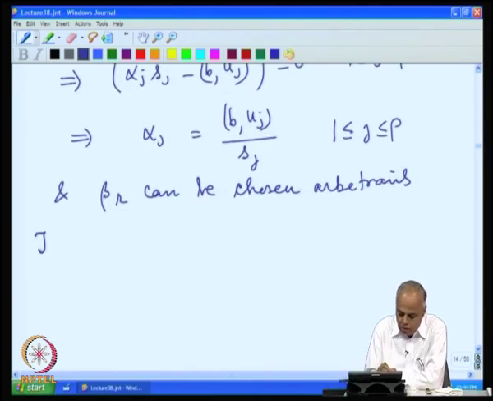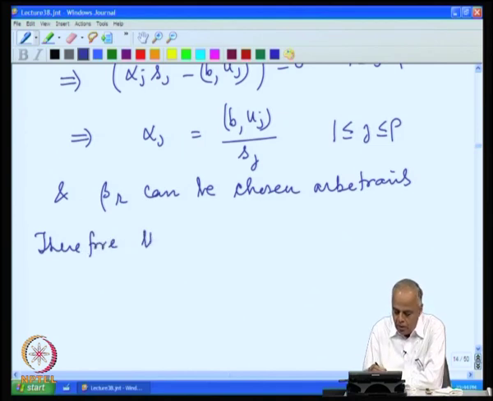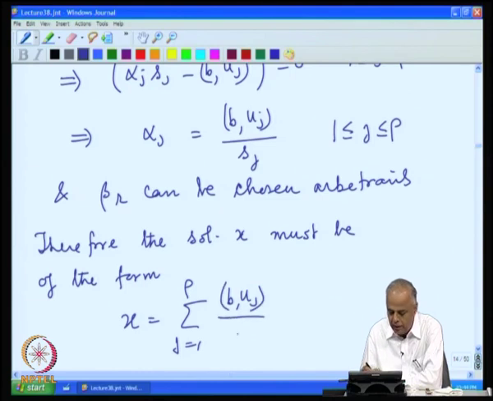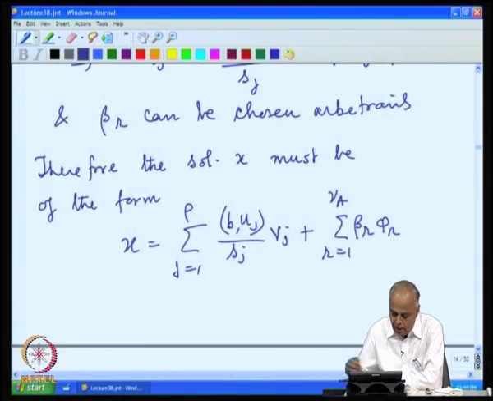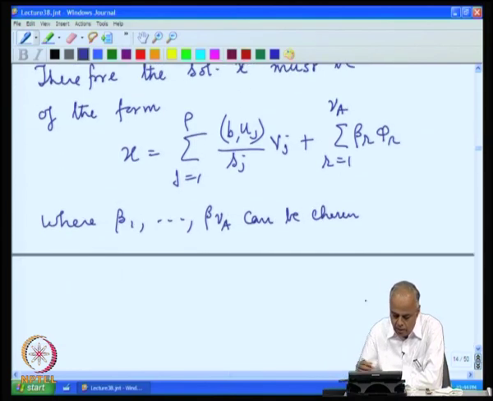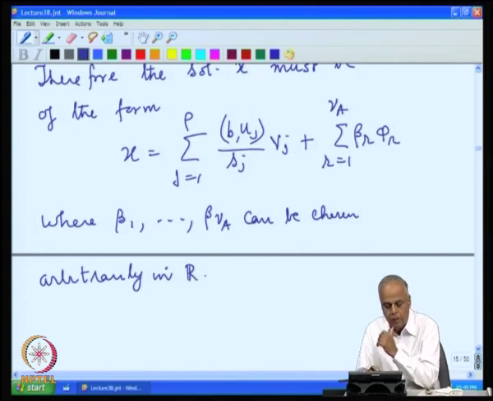Therefore, the solution x we are looking for must be of the form x equal to the summation over j equal to 1 to rho of b transpose u j by s j into v j, plus the summation of beta r phi r, where beta 1, beta 2, up to beta nu can be chosen arbitrarily in R. So, thus we have the solution.